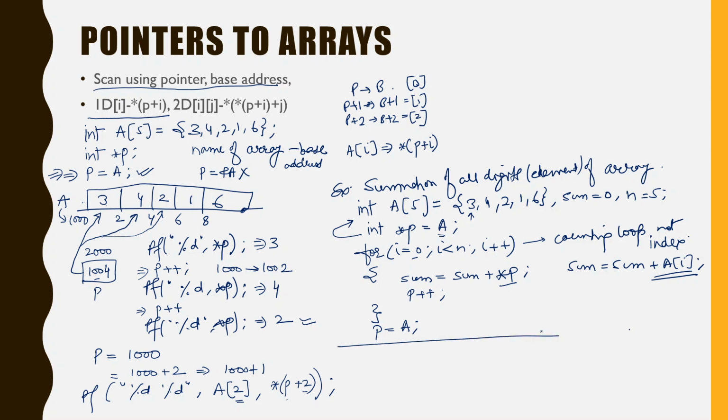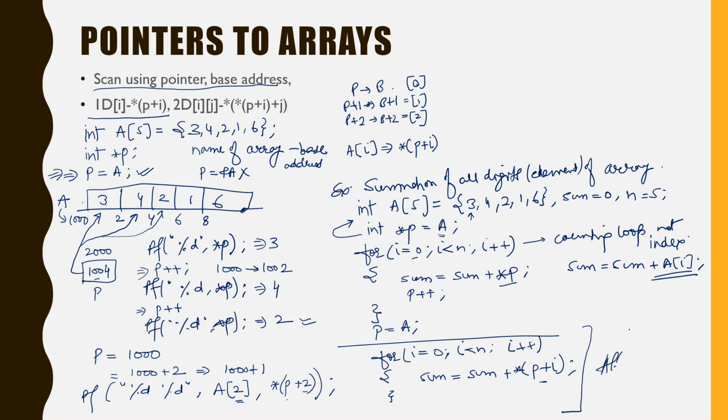Or the alternative method that you can use for this summation is that the counting loop remains as it is, and in this counting loop you write sum equals sum plus pointer p plus i. In this way you have not actually incremented p, but you have directly accessed the element of the array with the help of addition to p, not an actual increment of p.